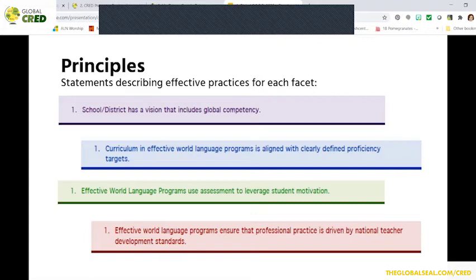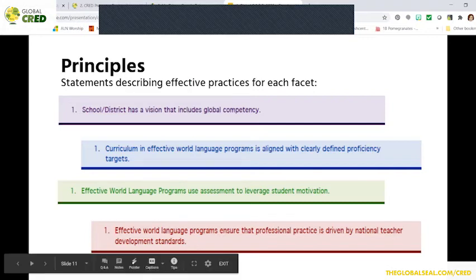For example, the first one under program design: the school or the district has a vision that includes global competency, or curriculum in effective world language programs is aligned with clearly defined proficiency targets, or effective world language programs use assessment to leverage student motivation, or effective world language programs ensure that professional practice is driven by national teacher development standards, and so on.